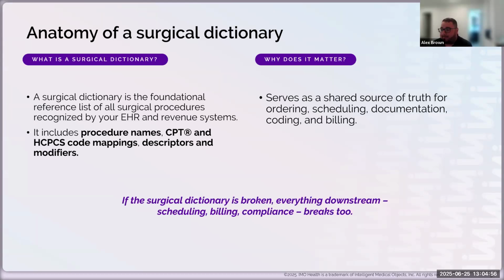That clinical term should be mapped to the CPT and HCPCS codes and any other descriptors and modifiers, so that you have the connection between the clinical language used by a surgeon and the nurses to describe the procedure and get it scheduled, and the codes you need in pre-authorization, scheduling, and billing. So the surgical dictionary is the shared source of truth. It's what everybody's using for ordering, scheduling, documentation, coding, and billing, so that when a procedure is being performed, everybody knows what's being done and what codes need to be pre-authorized and billed for it.